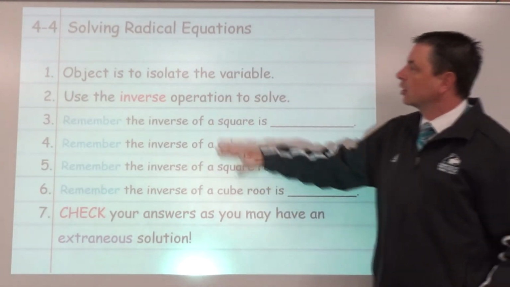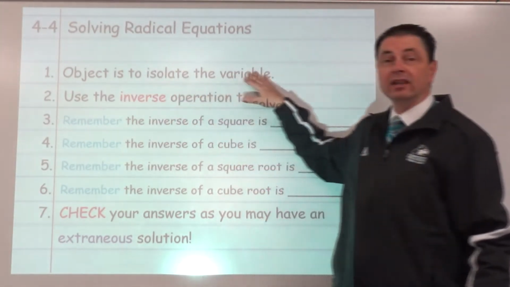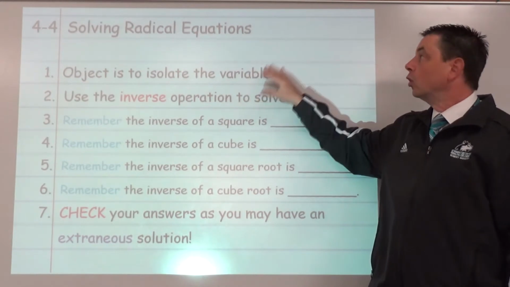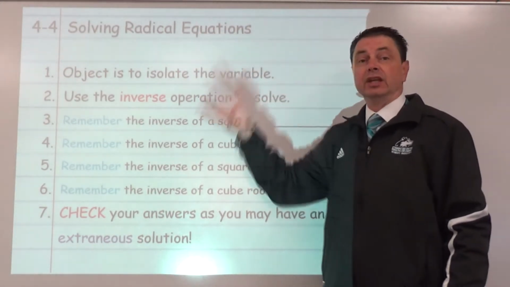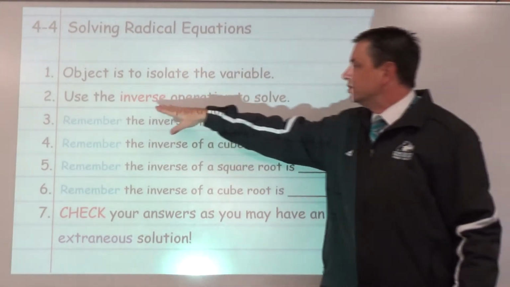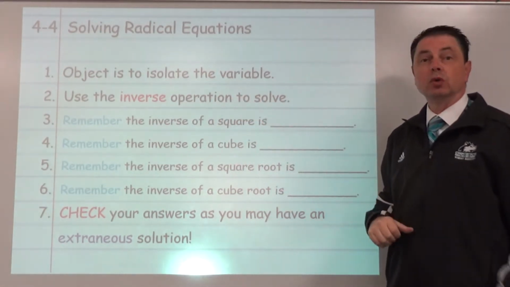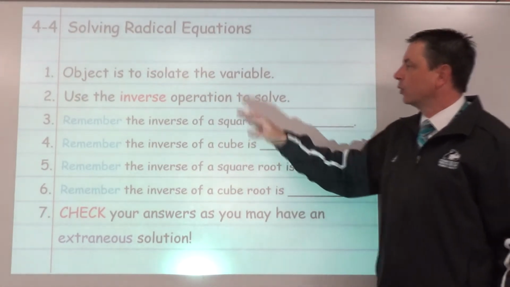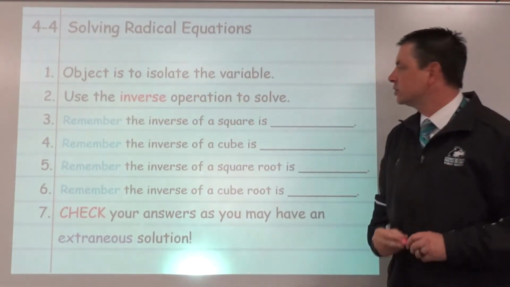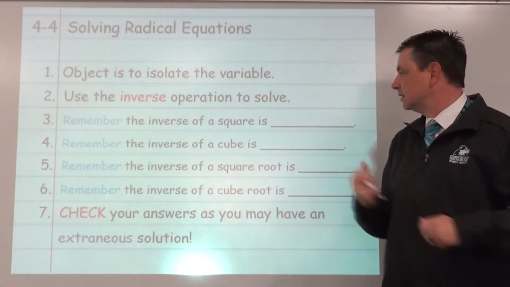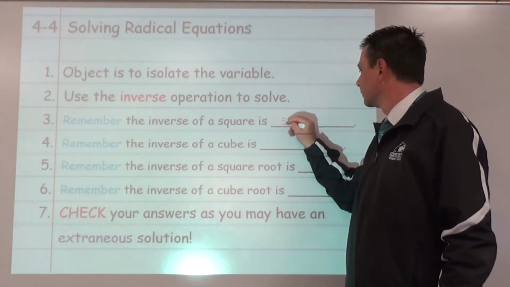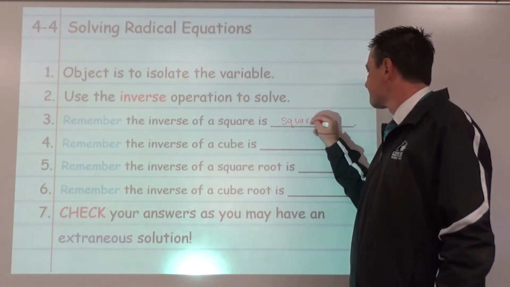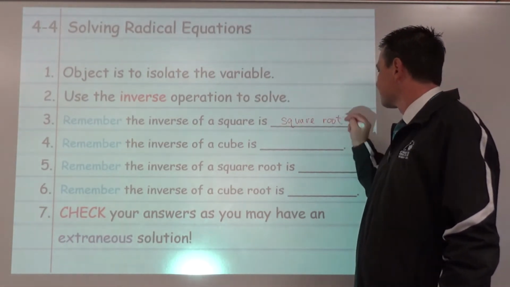Our steps are going to be to isolate the variable or the radical initially, then use inverse operations to undo and solve. To do that, we need to remember that the inverse of a square is square root.